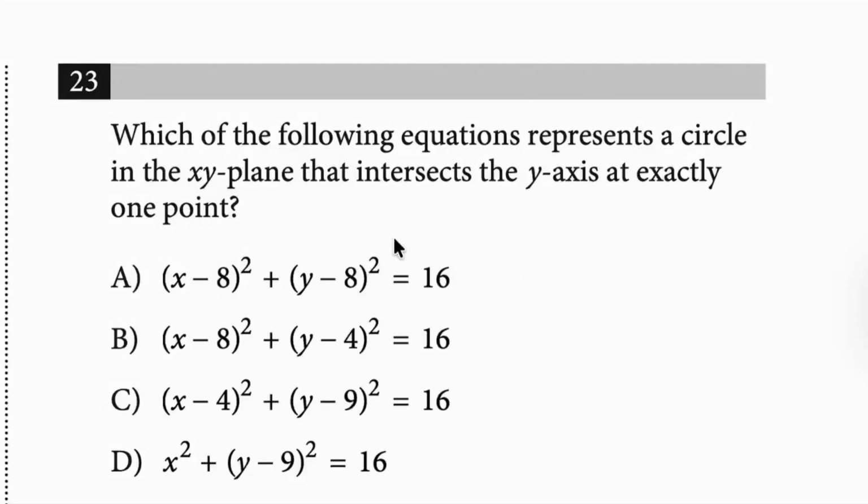Question number 23. Which of the following equations represents a circle in the xy plane that intersects the y-axis at exactly one point? This question has so many key points. At one point it says intersects, and at another point it says exactly one point. That means it is touching the y-axis at one point, right?